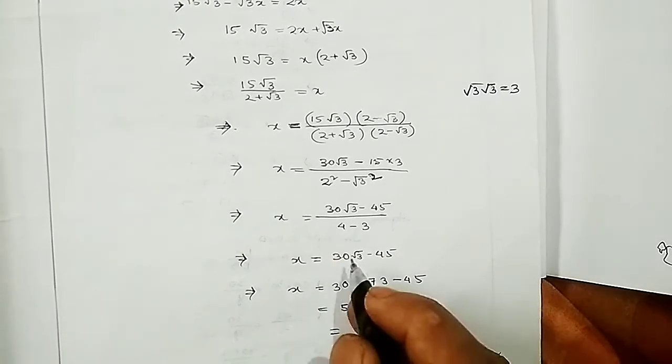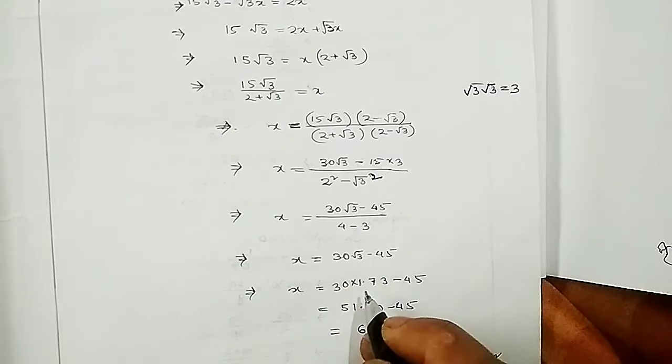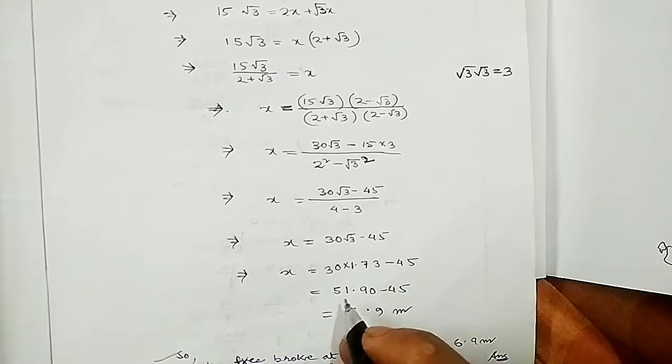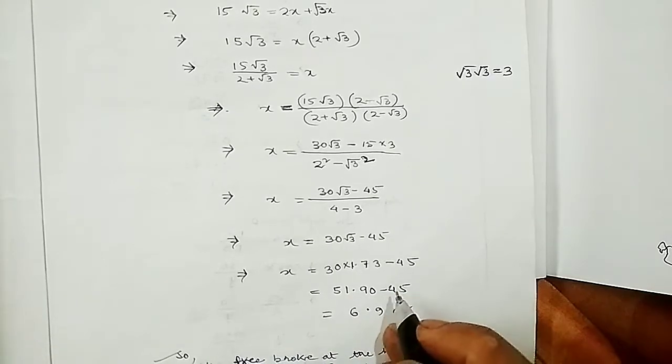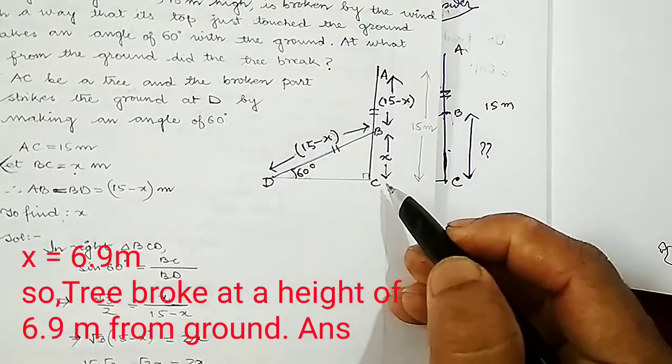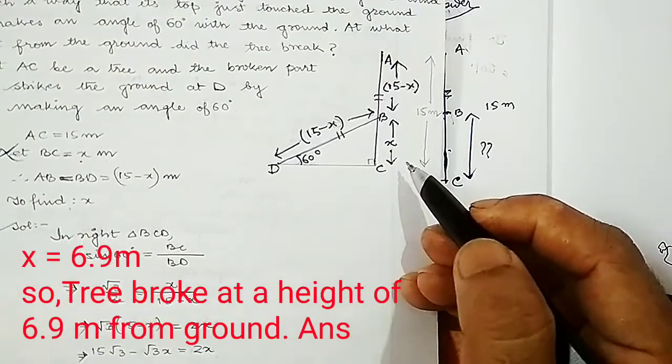So x equals 30 into 1.73 minus 45. If I multiply, I get 51.90 minus 45, which will be 6.9 meter. This height from B to C is 6.9 meter.